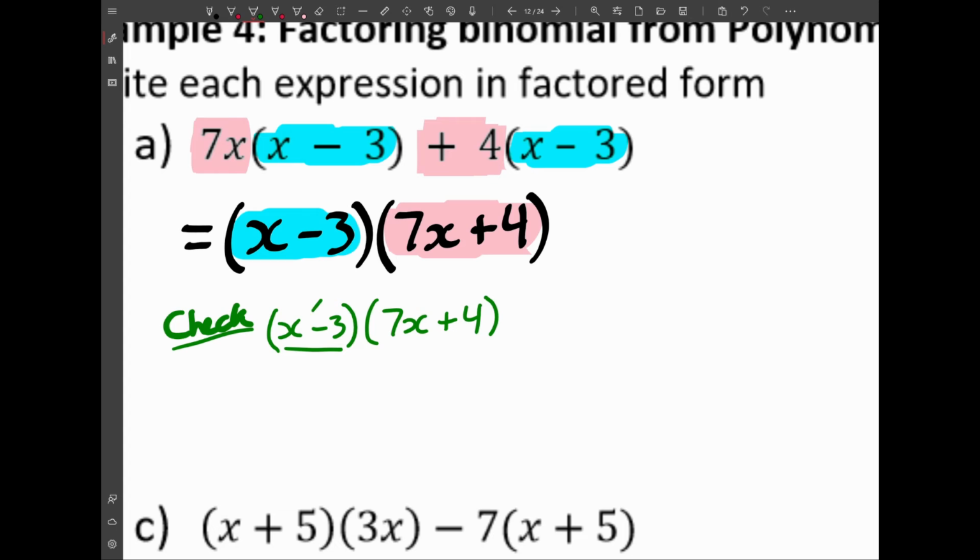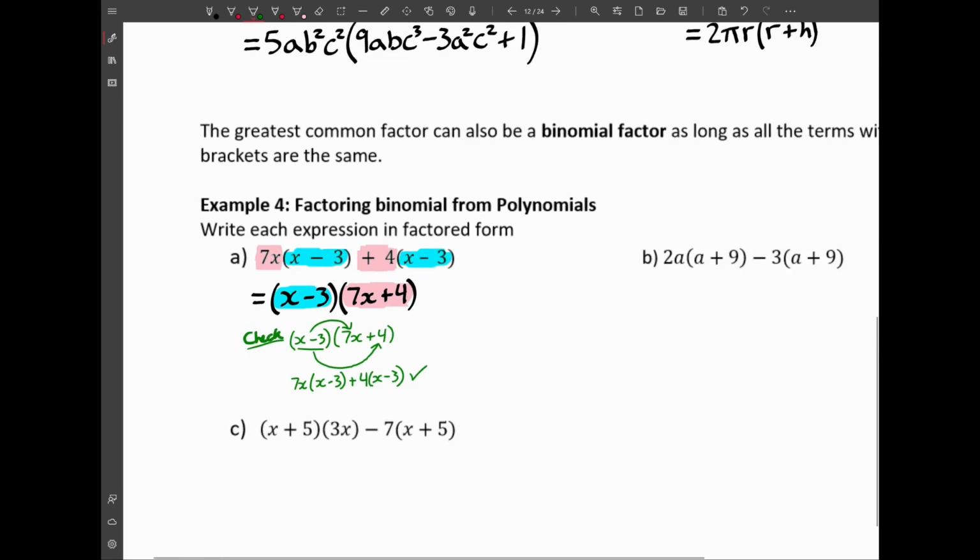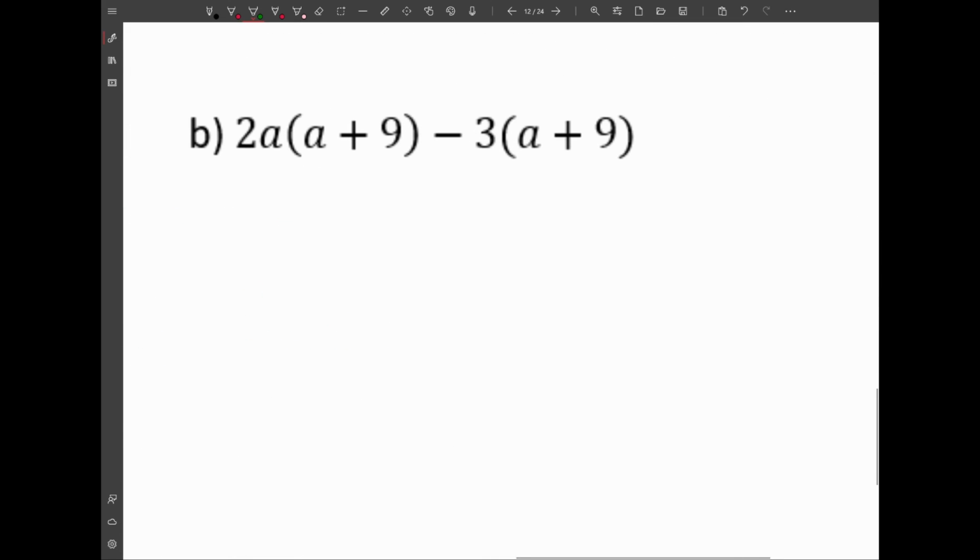We can multiply the entirety of x minus 3 times 7x, and then the entirety of it by 4. And you'll see x minus 3 times 7x is 7x times x minus 3. And then x minus 3 times 4 is 4 times x minus 3. Woohoo! It's the same.